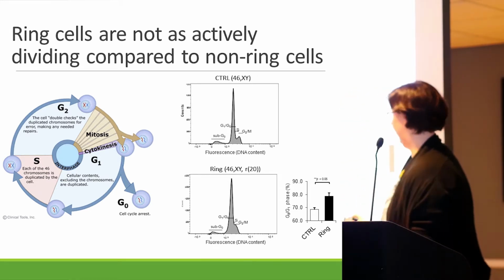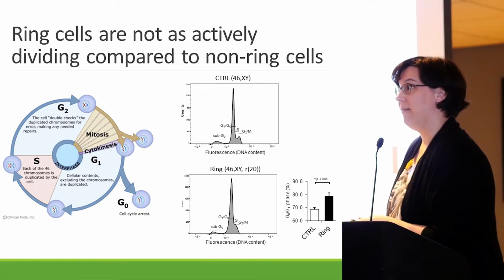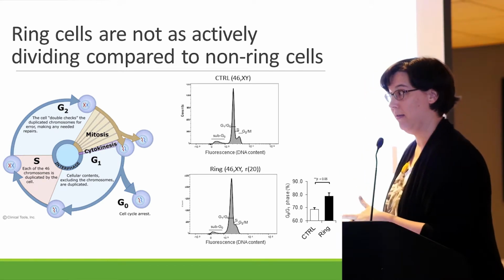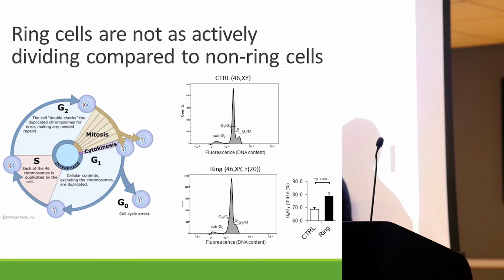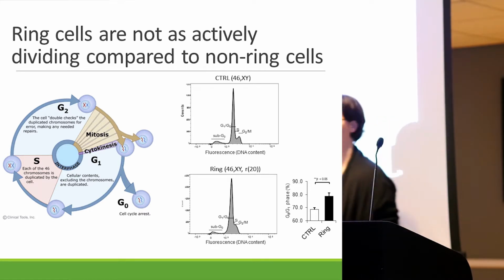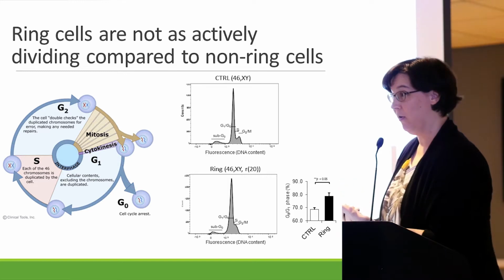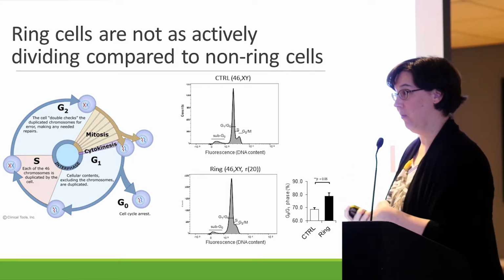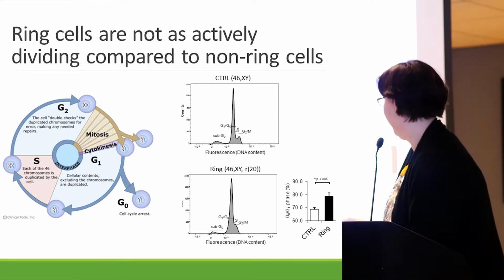So mathematically, it showed that the rings are just not dividing. They're not dying. The cells are just often over here in this non-dividing stage. I don't know how much this actually happens in a living person, but in cell culture, when we have blood cells, the ring cells just don't divide as quickly.